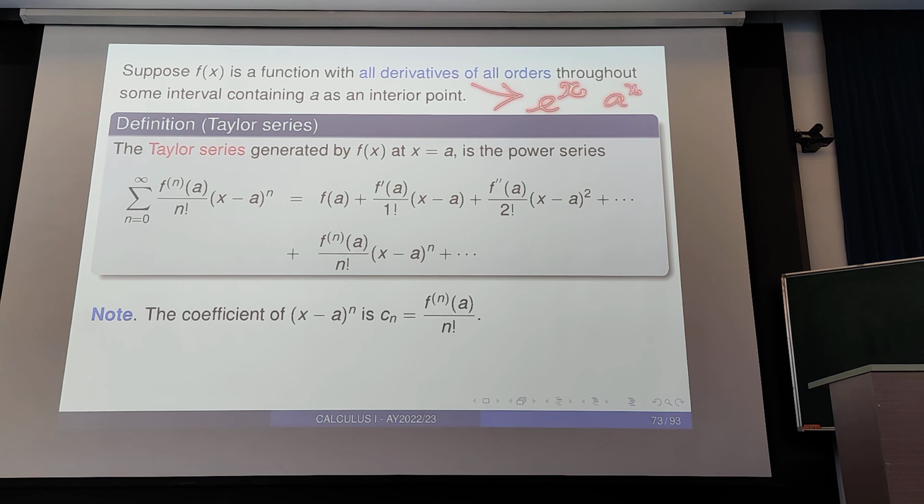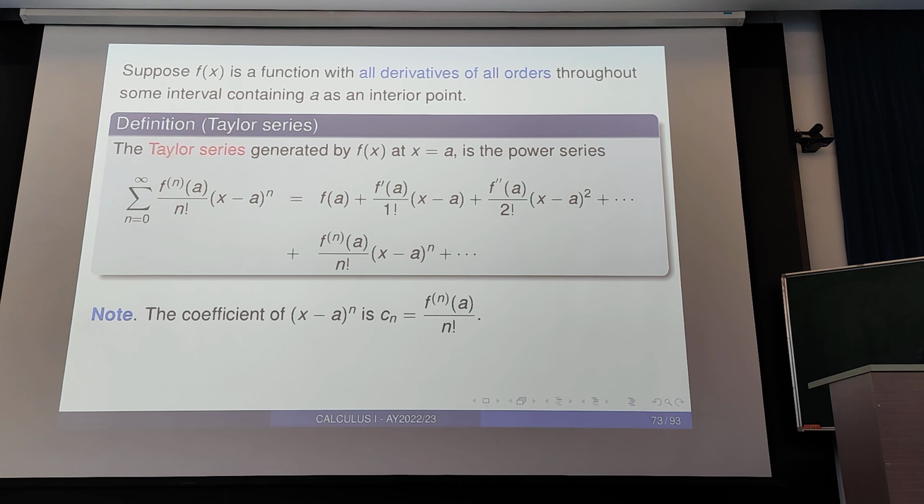You agree? This function has derivatives of all orders, right? In fact, the derivative of e to the x is itself. It doesn't change. So we define this power series and we call it the Taylor series.